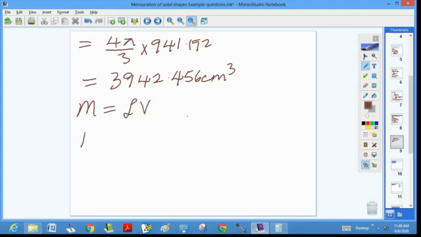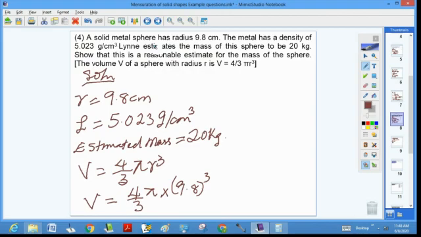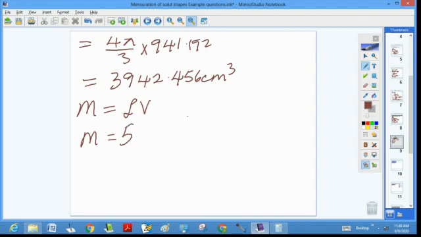The value of the density was given as 5.023 times the value of the volume just found, which is 3,942.456.